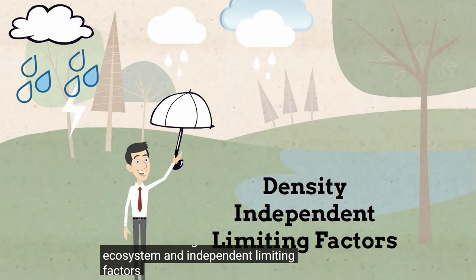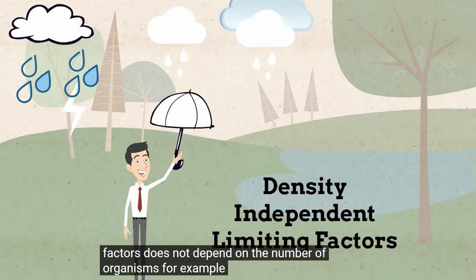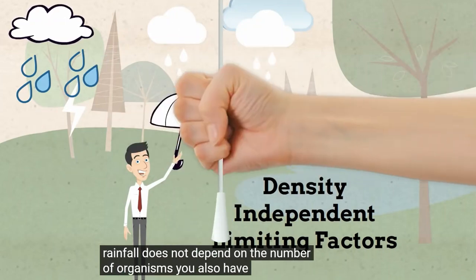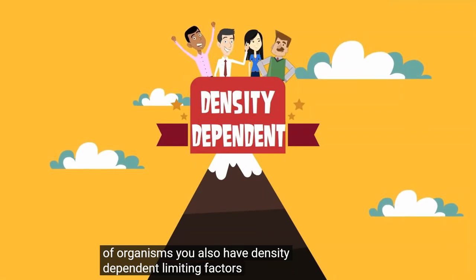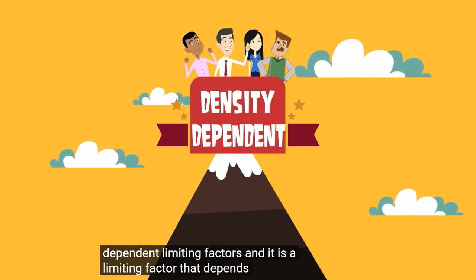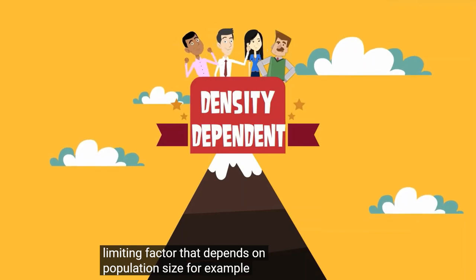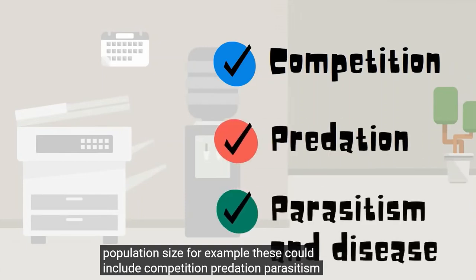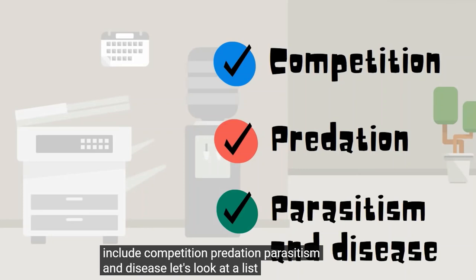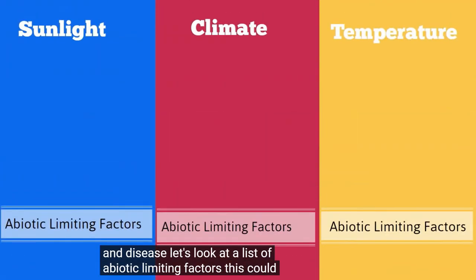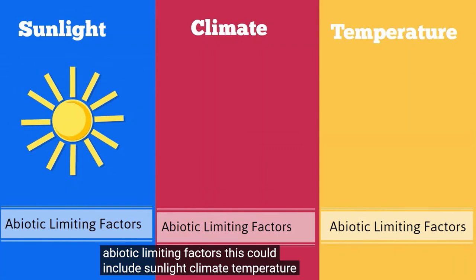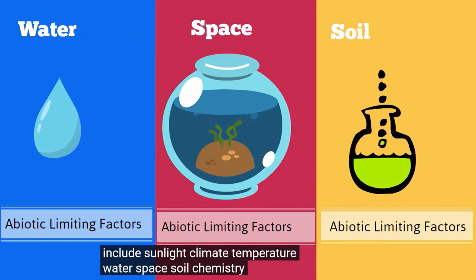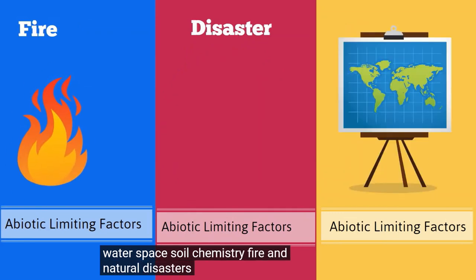And independent limiting factors do not depend on the number of organisms. For example, the amount of rainfall does not depend on the number of organisms. You also have density-dependent limiting factors, and it is a limiting factor that depends on population size. For example, these could include competition, predation, parasitism, and disease. Let's look at a list of abiotic limiting factors. This could include sunlight, climate, temperature, water, space, soil chemistry, fire, and natural disasters.